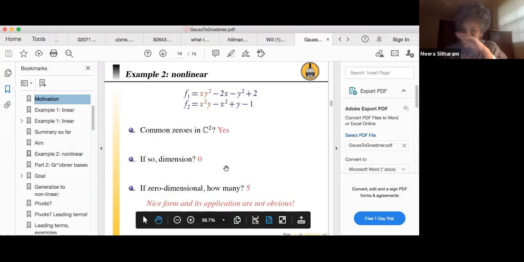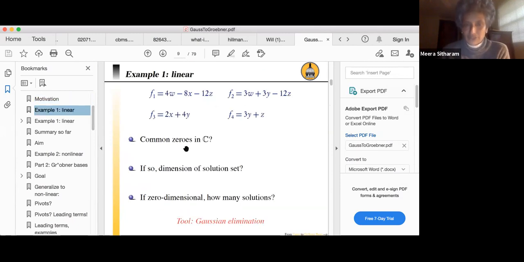He has a very nice set of slides that go through the whole situation: Gaussian elimination for linear polynomials, and what exactly you do.